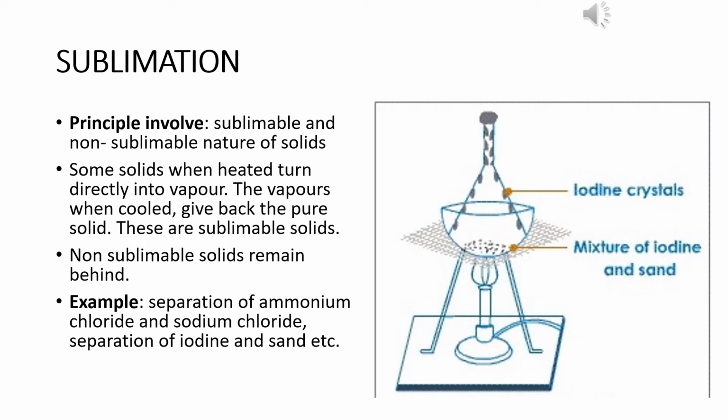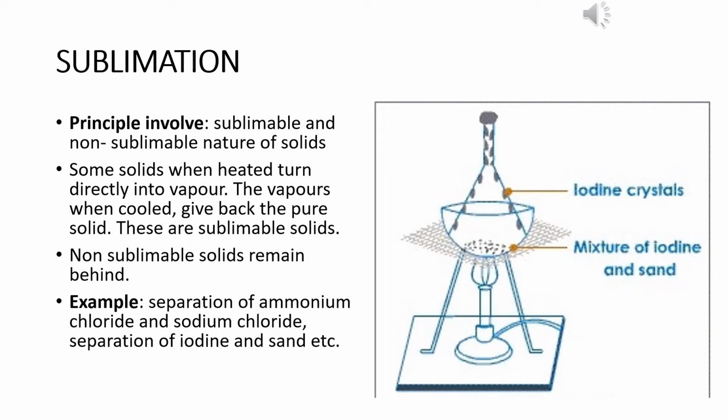The third and final method of separating the solid-solid mixture is called sublimation. The principle involved in this method is the sublimable and non-sublimable nature of the solid. Now, what are sublimable solids?